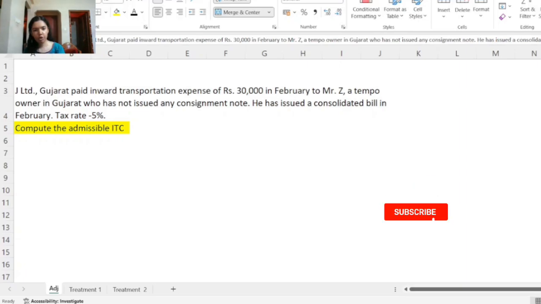He is just a tempo owner providing simple transport service. So as per notification number 12/2017 of the Central Tax, the services of transportation of goods by road are exempt, except when they are provided by GTA or courier service. Hence, here the service is provided by other than a GTA. It is exempt from GST. So, no GST is payable and no ITC is available.